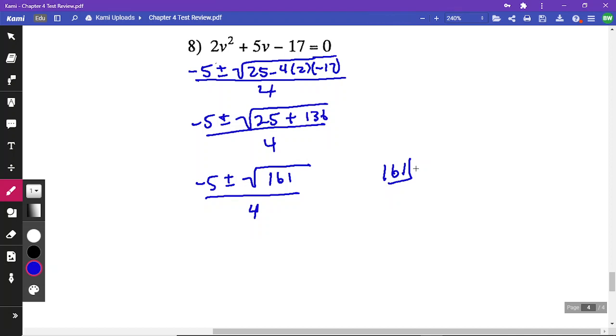Try all the numbers and see if anything divides into it.